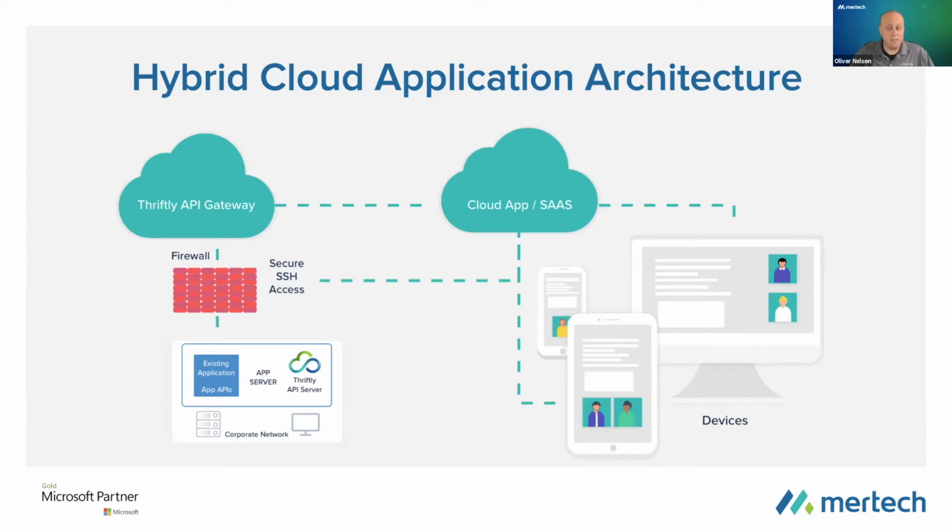But Thriftly makes this easy by allowing this hybrid model that we're showing here, where parts of the application, especially the data itself, can remain on premises while other parts of the application are based in the cloud. This hybrid architecture is pretty powerful, and it works very well with Angular, as you'll see throughout our webinar today, but it also works with other front ends as well.